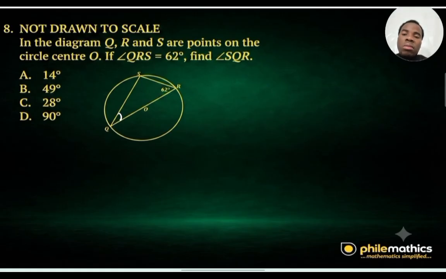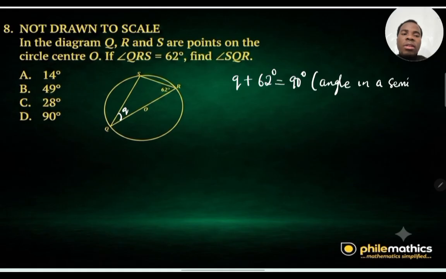And so, since angle in a semicircle sums up to 90 degrees or is a right angle, the angle we are looking for, let's call it Q, means we must have that Q plus 62 degrees should give us 90 degrees. The reason is angle in a semicircle is a right angle.